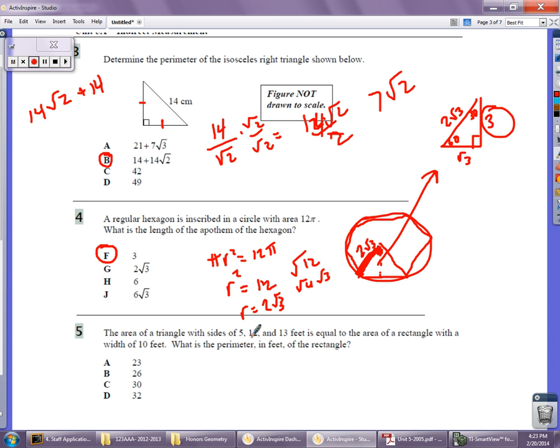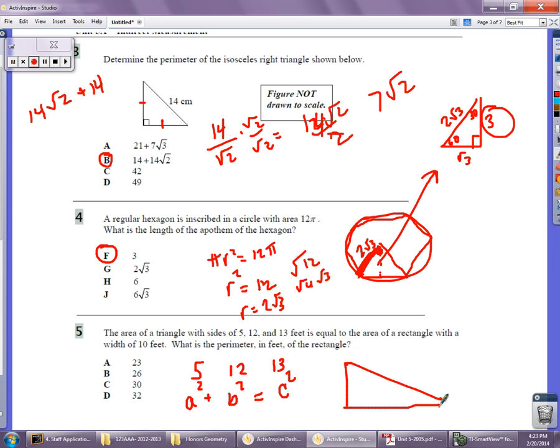The area of a triangle with sides 5, 12, and 13 is equal to the area of a rectangle with a width of 10. So first of all, let's find the area. With 5, 12, and 13, you normally would not be able to find the area because we don't know the height. But if this is A, and this is B, and this is C, you'll find out that A squared plus B squared actually equals C squared, which means this is a right triangle.